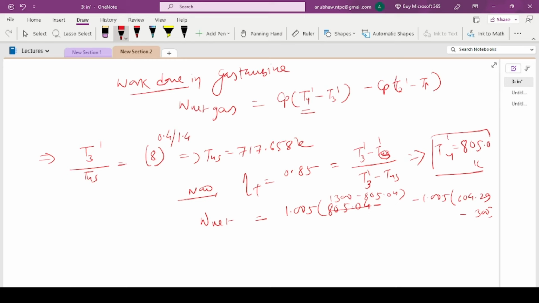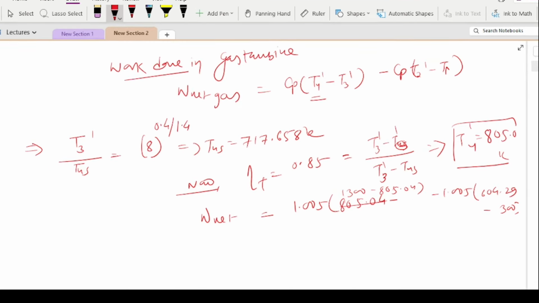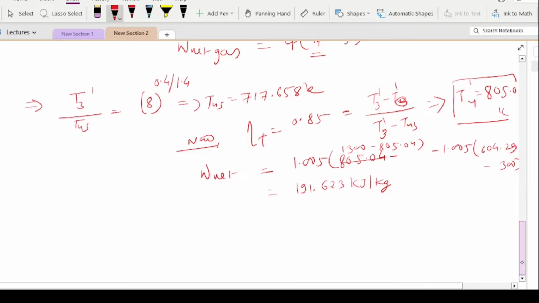Calculating this, it is coming around 191.623 kilojoule per kg of gases. So this is the W net that we are obtaining from the gas turbine.